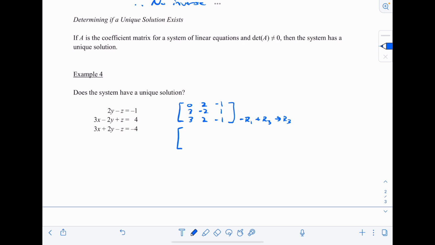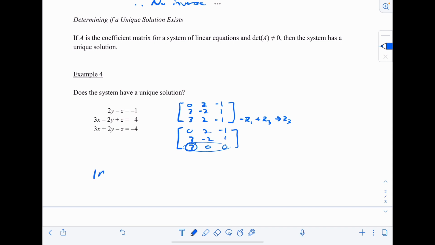my matrix rows 1 and 2 stay the same, but adding the opposite of row 1 to row 3 gives me 3, 0, 0. So again, now I can focus on that third row in finding the determinant, and because 2 of the 3 entries are zeros, I only have to focus on that 3 to get the determinant.